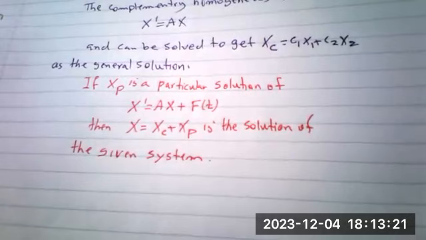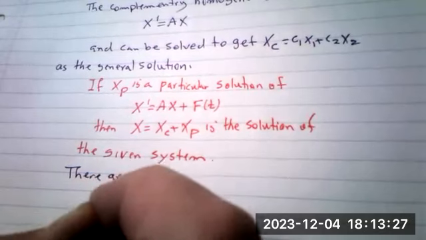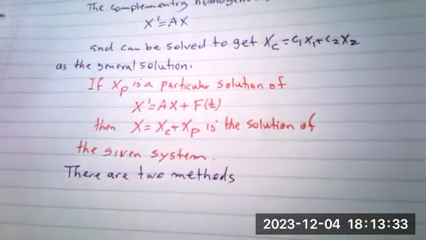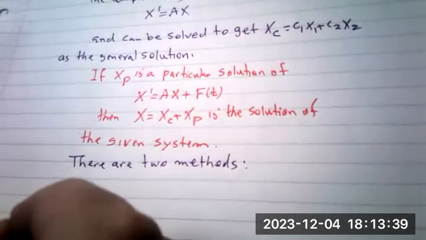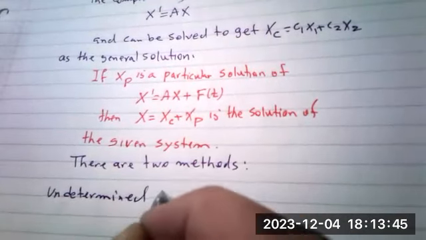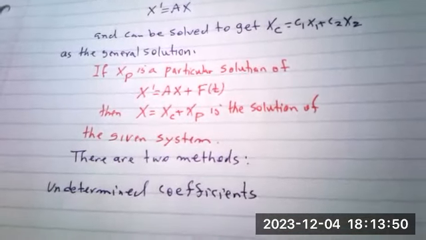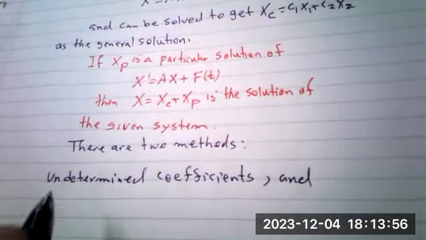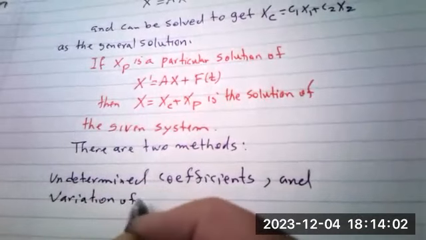As usual, there are two methods to do it: undetermined coefficients, and the other one is variation of parameters.